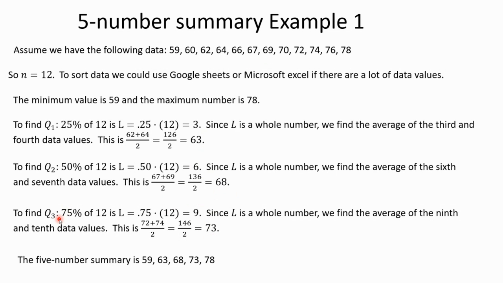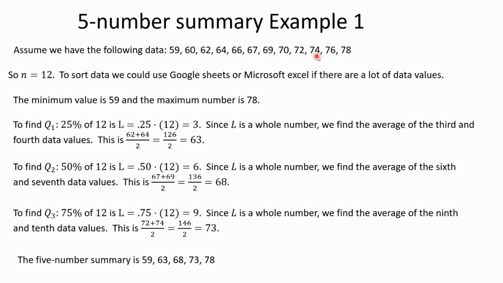Q3 is 75% of 12. We do the same process initially, but now it's 0.75 times 12. You could use a dot to represent multiplication. I'm pretty sure I've said that before. We get 9, which is a whole number. So we go to the 9th number: 1, 2, 3, 4, 5, 6, 7, 8, 9, and 10.